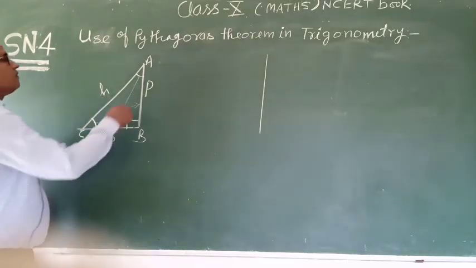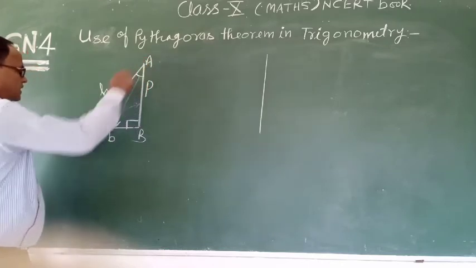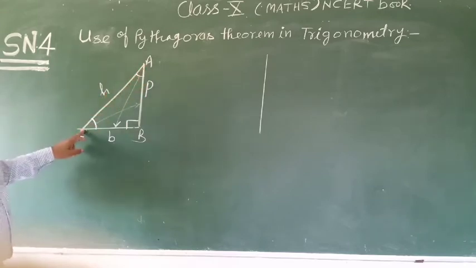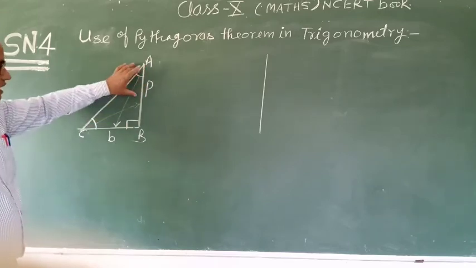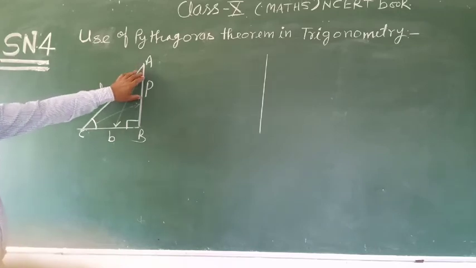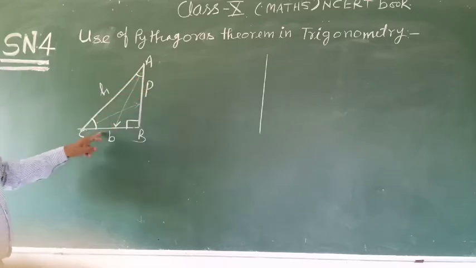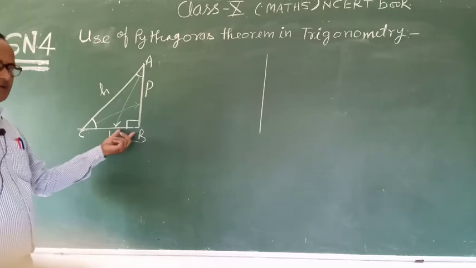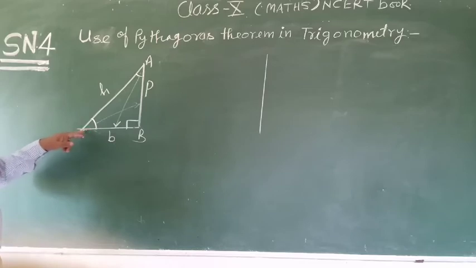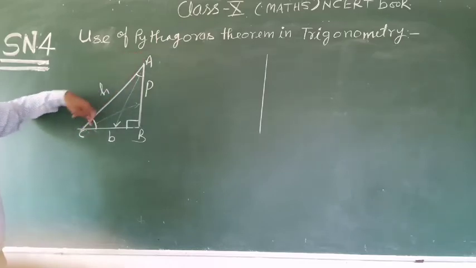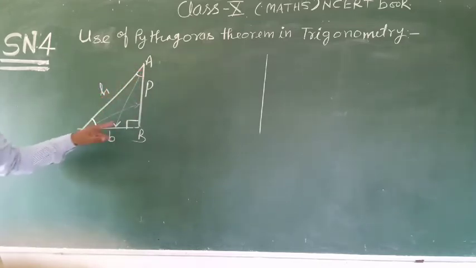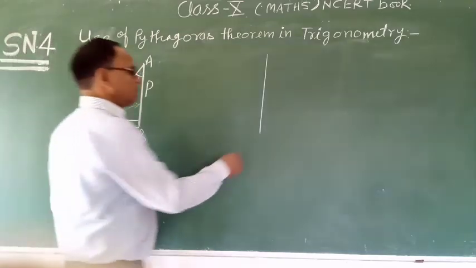But according to angles A and C, the altitude changes. If you take A, then the altitude or perpendicular line is BC, but if you take angle C, then in front, AB is the perpendicular line. On this basis, we solve some problems.